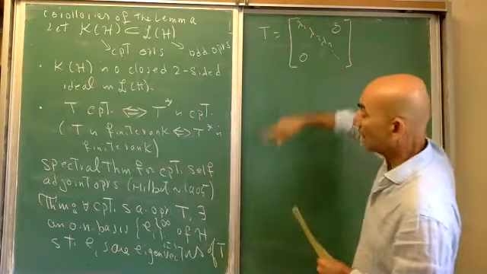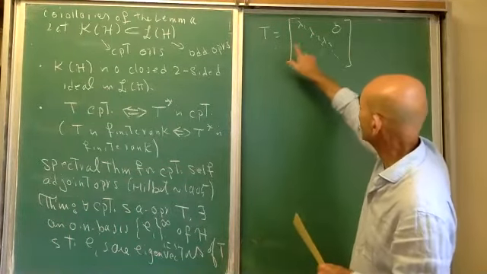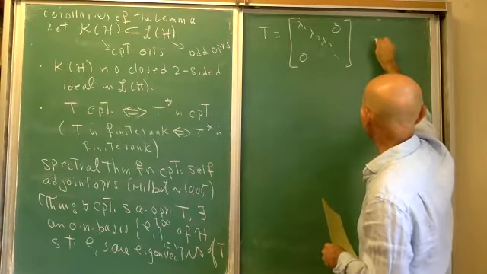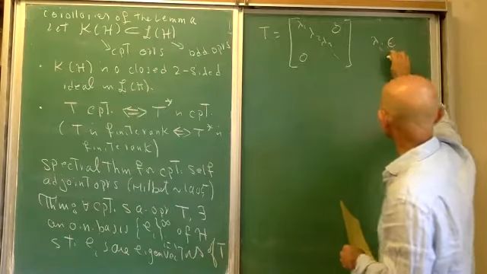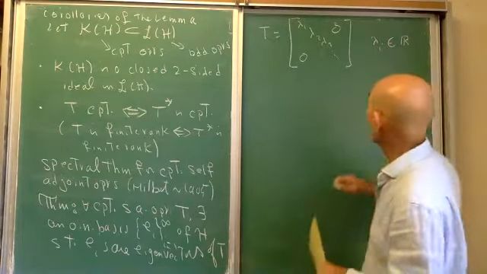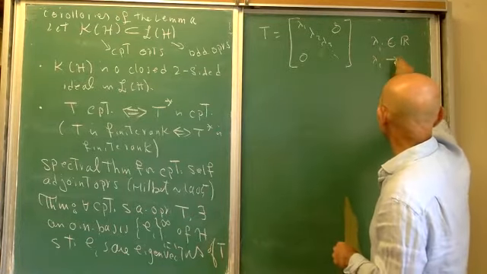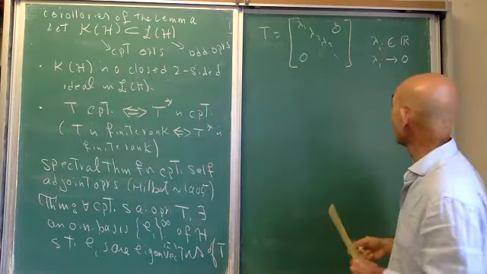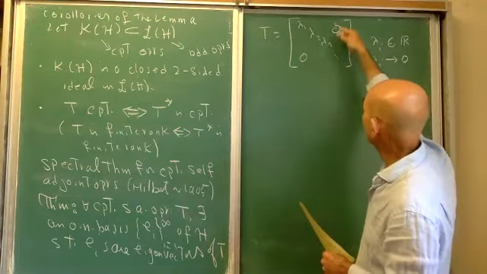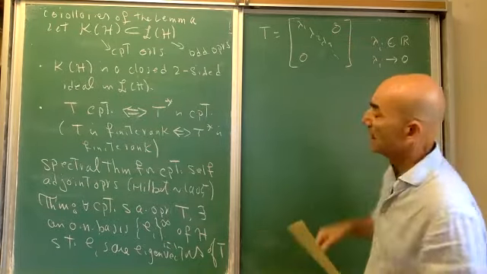So in that basis, e_i, we can write the operator T in this diagonal form. These lambda i's belong to R because the operator is self-adjoint, and these lambda i's go to 0. And in fact, there might be a big corner here which consists of 0.